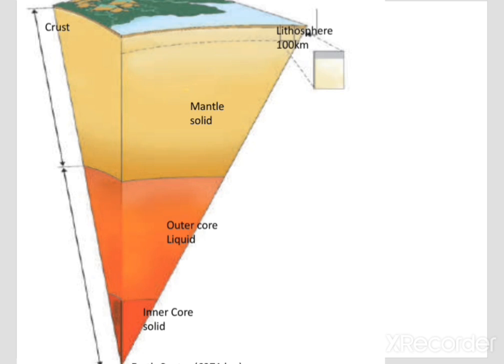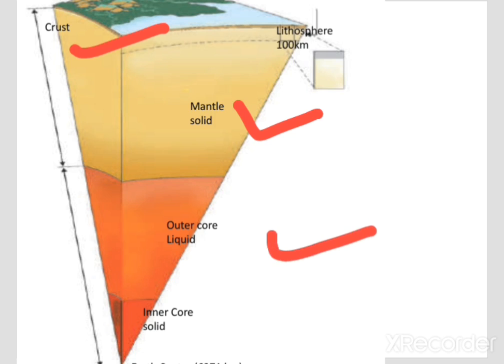Now look at here. I already told you that the uppermost layer of the earth is known as a crust. After that, the mantle. The mantle is again classified into two parts: upper mantle and lower mantle.